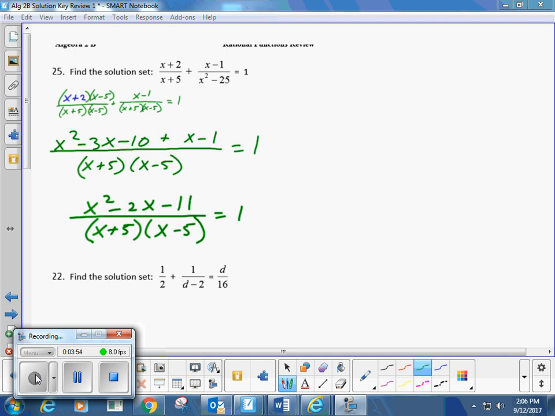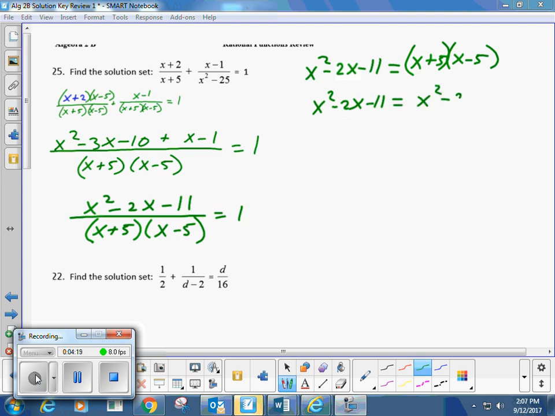I just collect like terms, and at this point I'm going to cross multiply. So I've got x squared minus 2x minus 11 equals, multiplying the denominator up to the 1 gives me x plus 5, x minus 5 times 1, so nothing changes there. I can FOIL this back together now, make it x squared minus 2x minus 11 equals x squared minus 25.